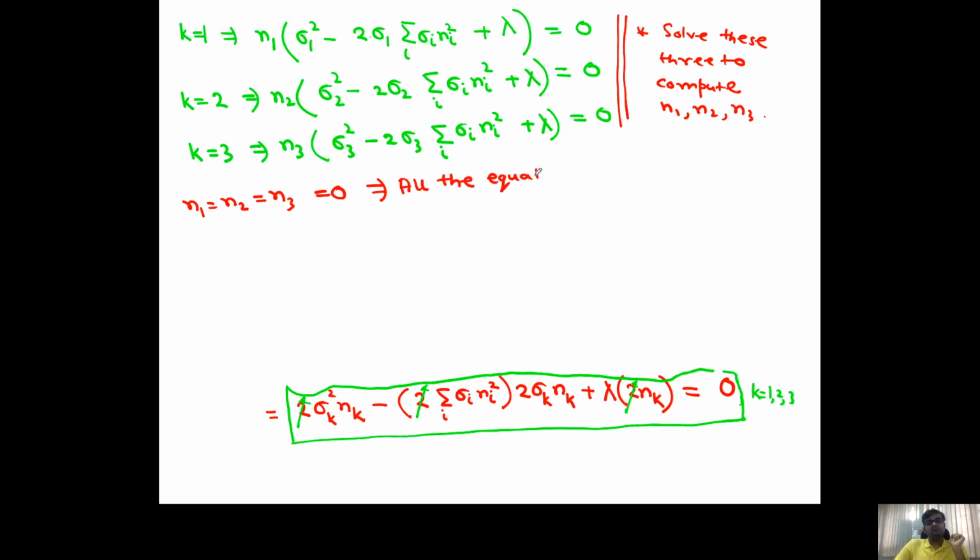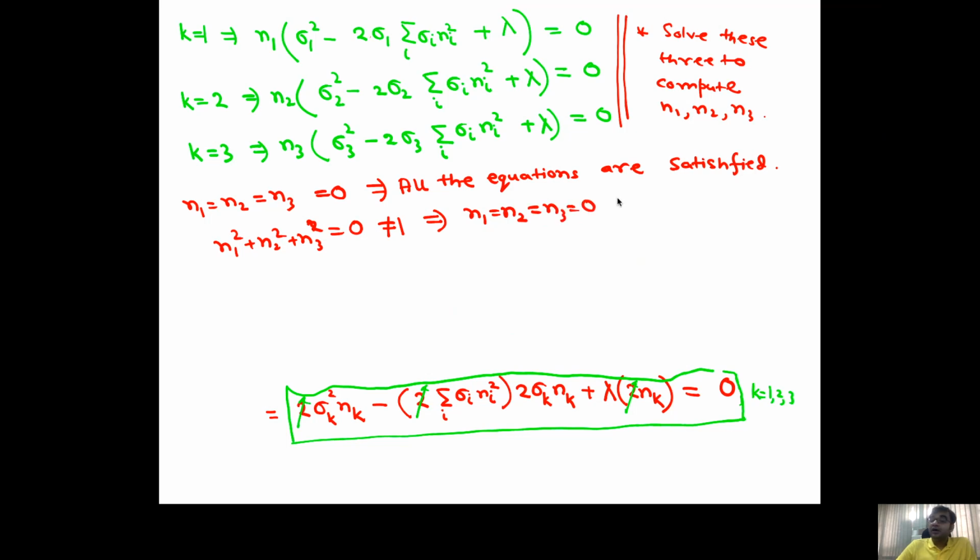However, this is not a direction cosine, because n1 square plus n2 square plus n3 square will also be 0, which is not equal to 1, which implies n1 is equal to n2 is equal to n3 equal to 0 are not the direction cosine.